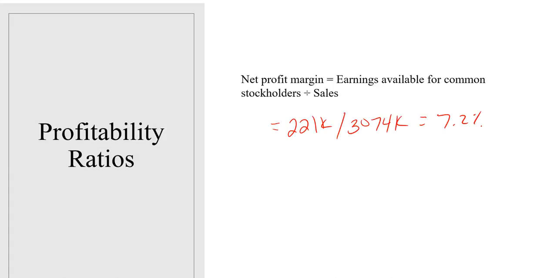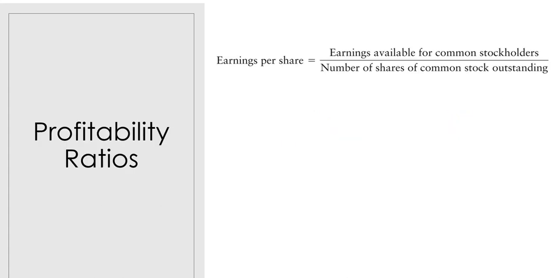Earnings available to common shareholders was $221,000, last line on the income statement. And we divide that by shares of common stock outstanding. Now this is not necessarily something that's easy to find. Of course, it's always available on proxy statements or 10Ks. But within the financial statement, sometimes it can be difficult.